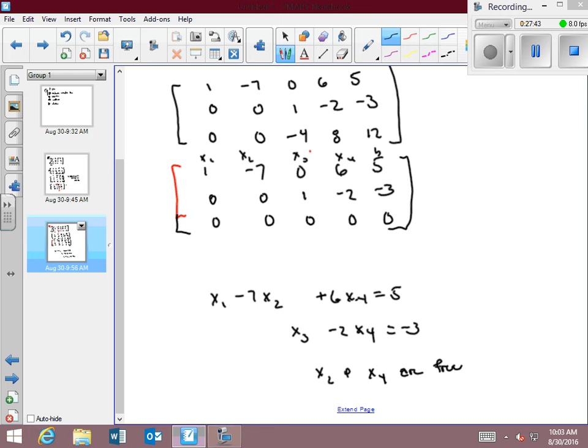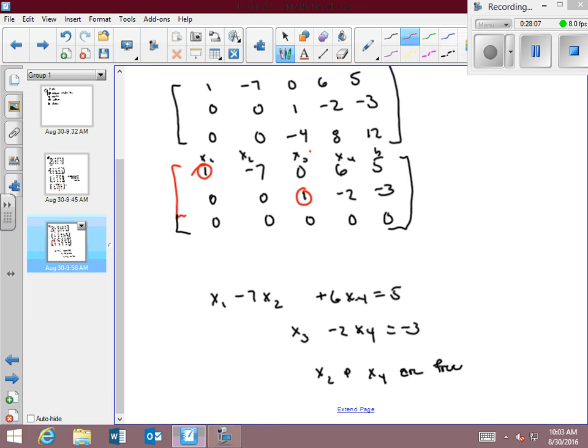So if we put any values in for x2 and x4, we can solve it. Because the reason is, this is our pivot row, pivot column, this is pivot, right? That means those values have to be fixed.